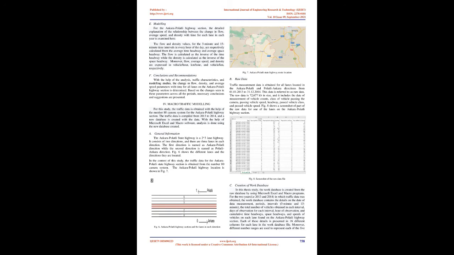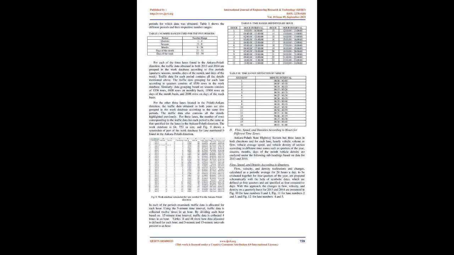Also, minimum flows and intensities in each lane generally occur between 3 o'clock and 4 o'clock during all quarters of both years. Minimum average speeds occur between 3 o'clock and 6 o'clock. The lowest minimum flow and density are observed on lane 2 at 3:25 in the first quarter of 2013 as 4.97 vehicles/hour and 0.039 vehicles/kilometer, respectively.